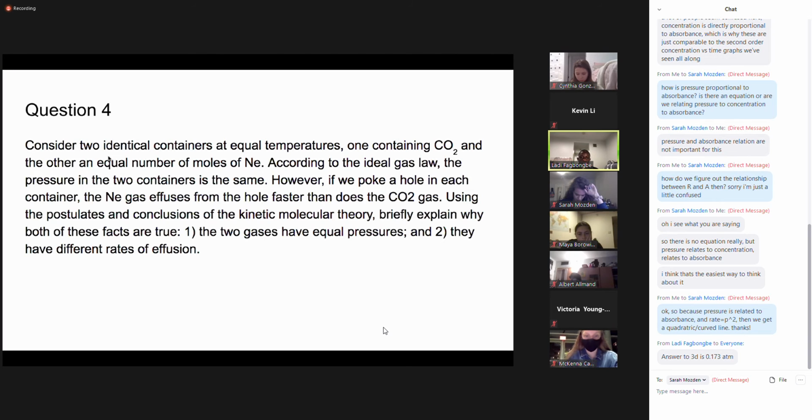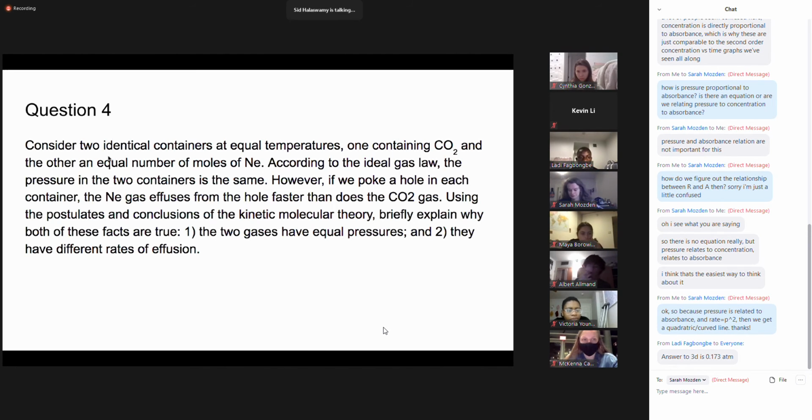And we're just looking at these two statements. So statement 1 was saying that the two gases have equal pressures. Does someone want to raise their hand and explain to me why that would be true? Yeah, Sid. So you have the same number of moles of gas, and just looking at the derivation, we can see that pressure is proportional to the frequency of collisions and the force of each collision.